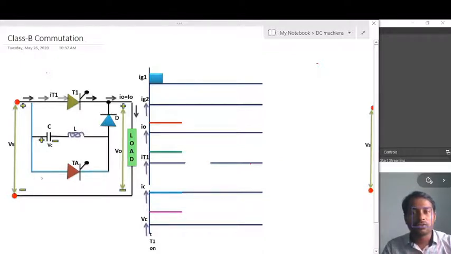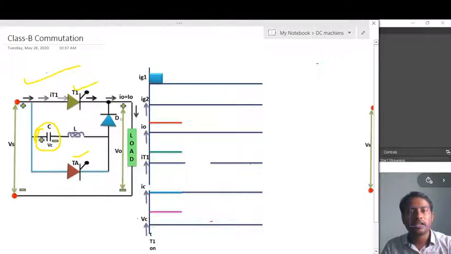So this is the circuit of the class B commutation circuit, and there are two thyristors used. T1 is the main thyristor and T2 is the auxiliary thyristor, and C is the charged capacitor, which I placed in series with the inductor.